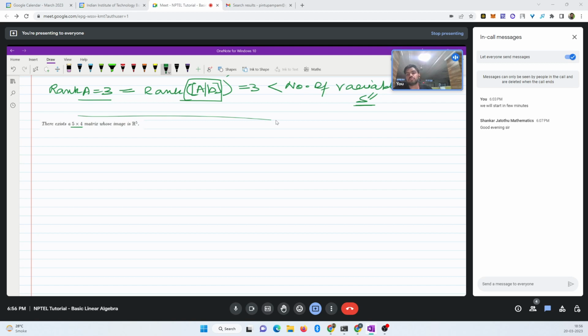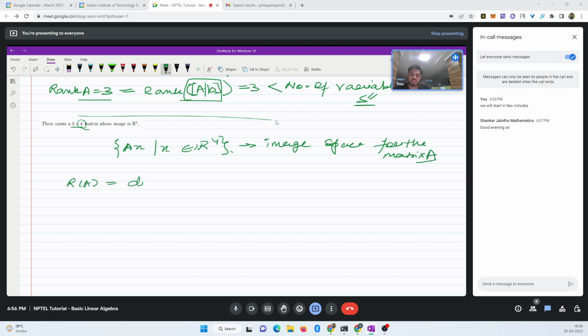Now, image being R5 means if you take the set AX for all x belonging to R4 over here, because the entries are coming from R4, then this space is called the image space for the matrix A. Or in other words, rank of A is the dimension of the image space of A. So we talked about nullity of A being the dimension of the null space of A. Now the rank of A can also be defined as the dimension of the image space of A.